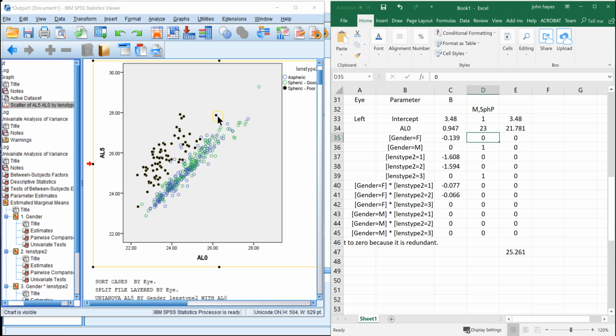How close is this guy to being a predicted value, the estimated mean? So he's down here at 26.5 maybe. So let's put in 26.5 for his estimated axial length.